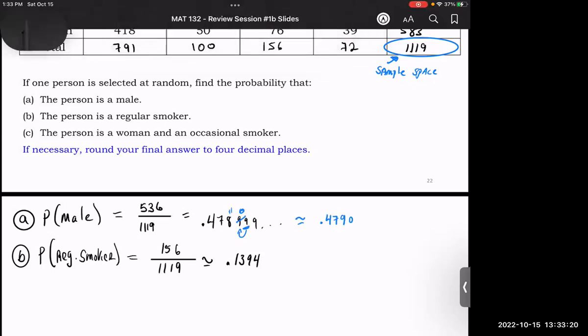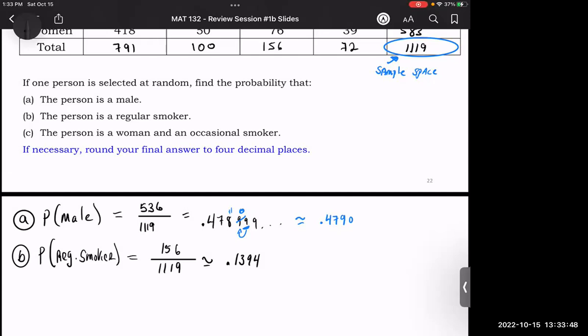Okay, and then there's part C. Part C states that the person is a woman and an occasional smoker. By the way, before I begin solving part C, how many people are we selecting at random here? Unfortunately, it's not 2. If you go back to the very beginning, it's 1.